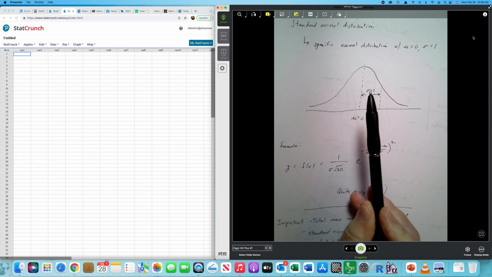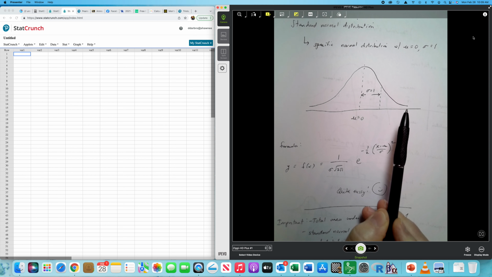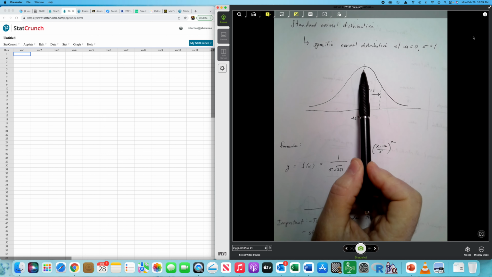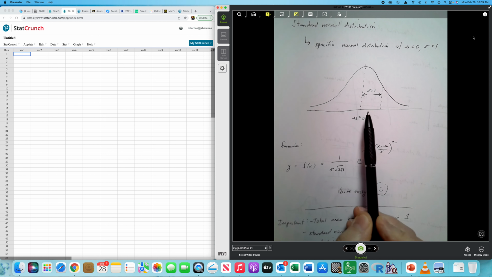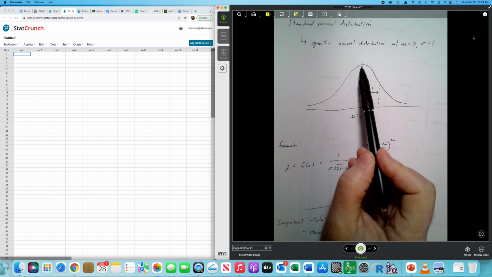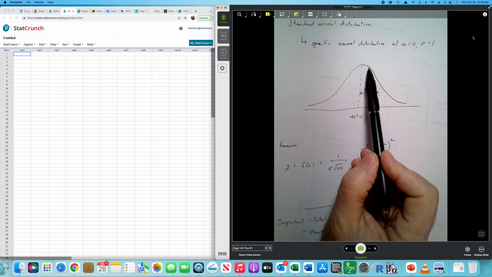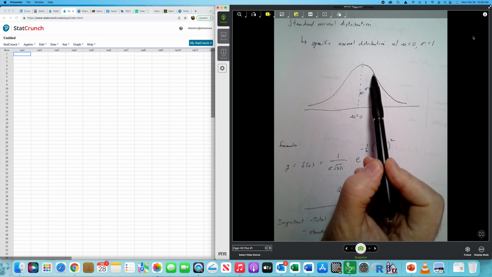So when you're given this bell-shaped and symmetric curve, whatever value is smack dab in the middle, that's the mean.